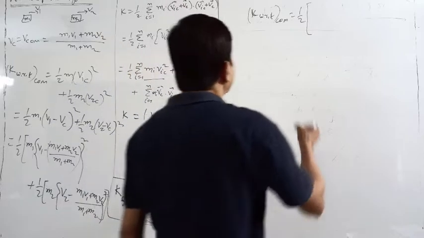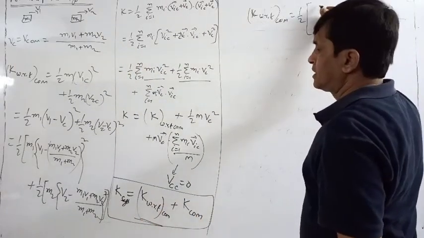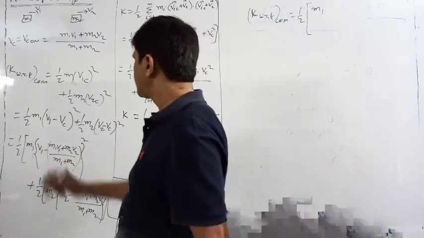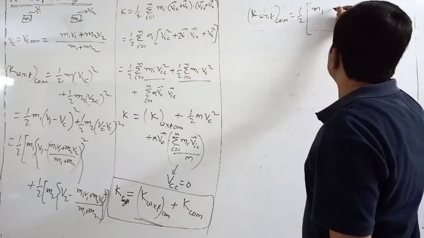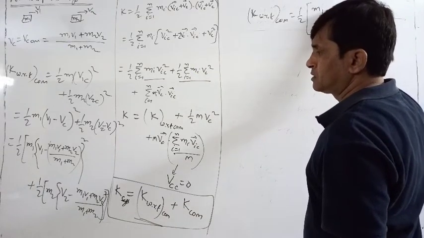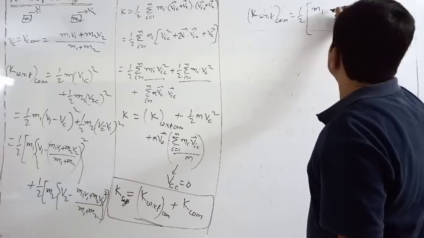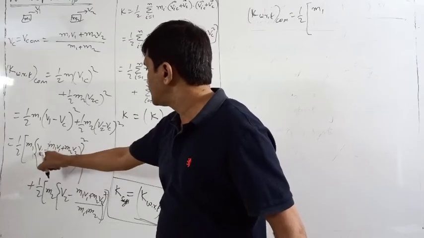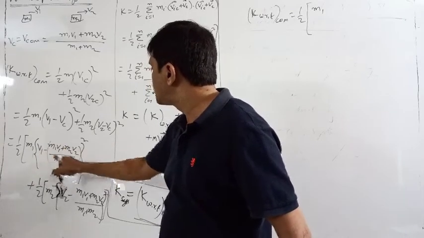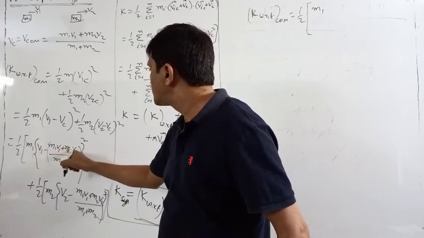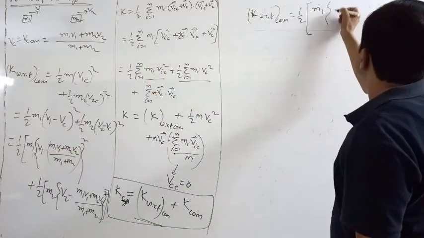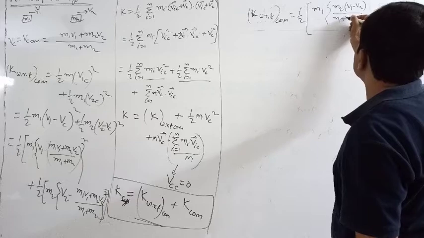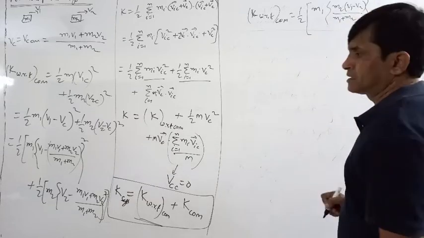So I can write half m2 (v1 minus v2) divided by (m1 plus m2), whole squared.